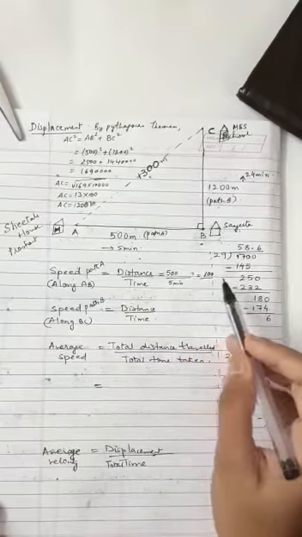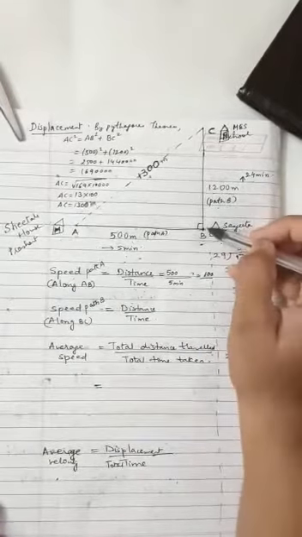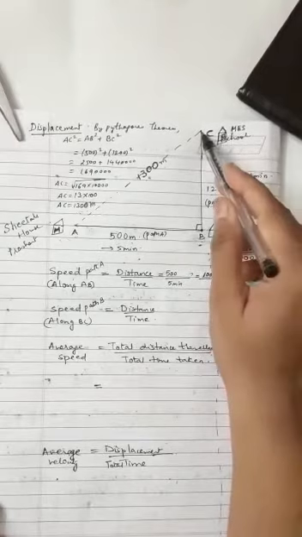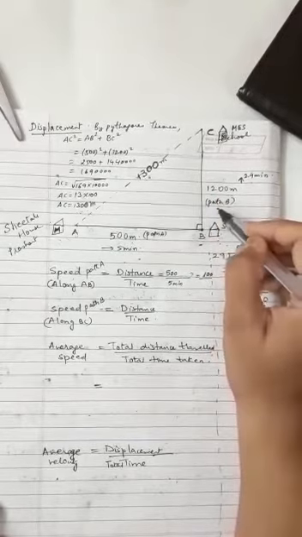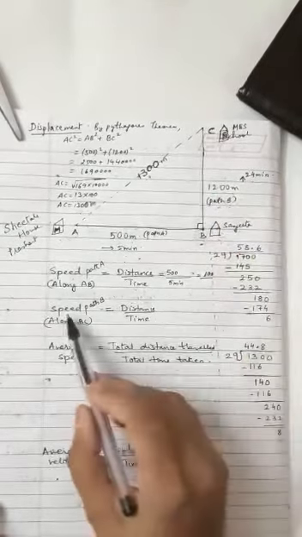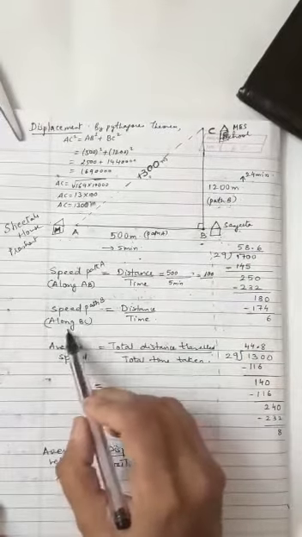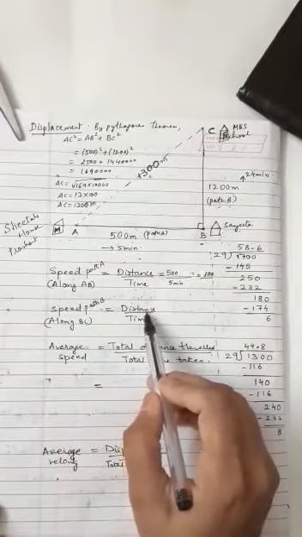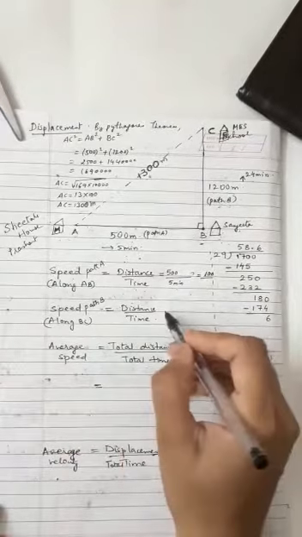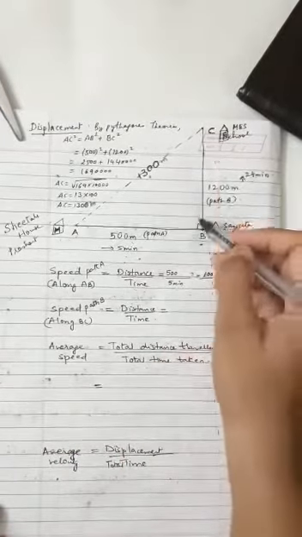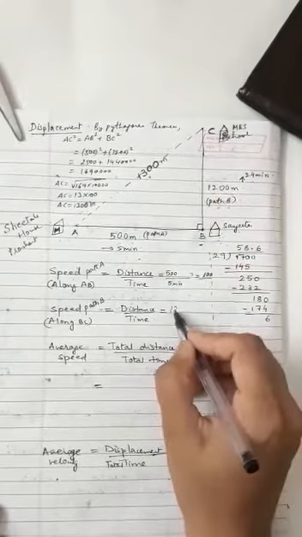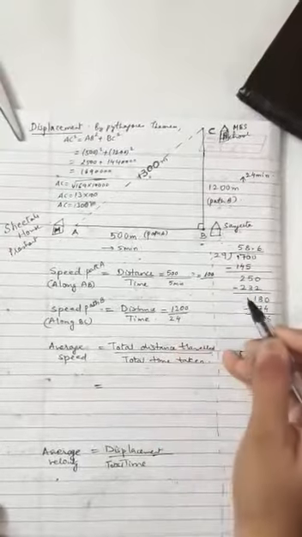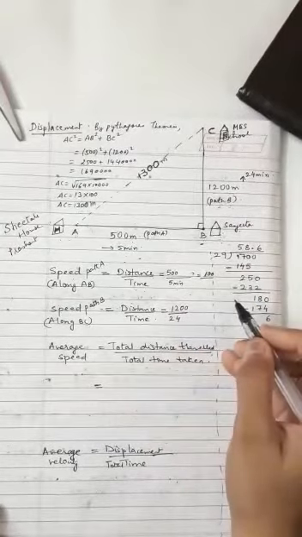In a similar way, we will also calculate the speed between the points B and C. So speed along path BC. Again we know speed is going to be distance upon time. This time the distance along BC is 1200 meters and the time taken is 24 minutes.